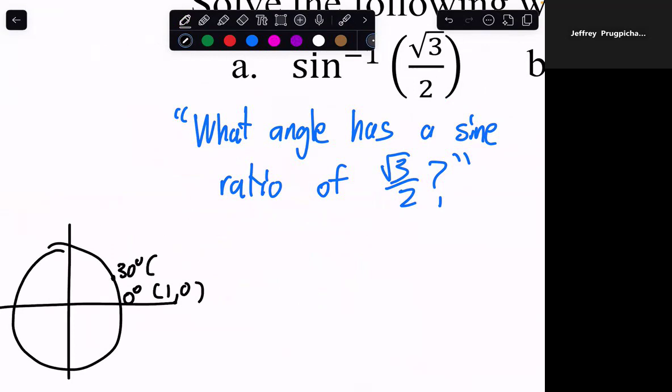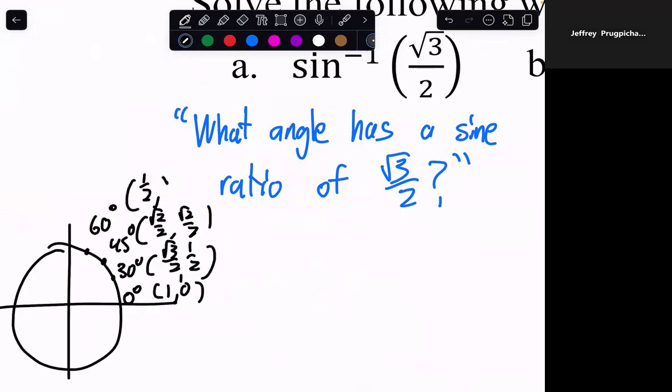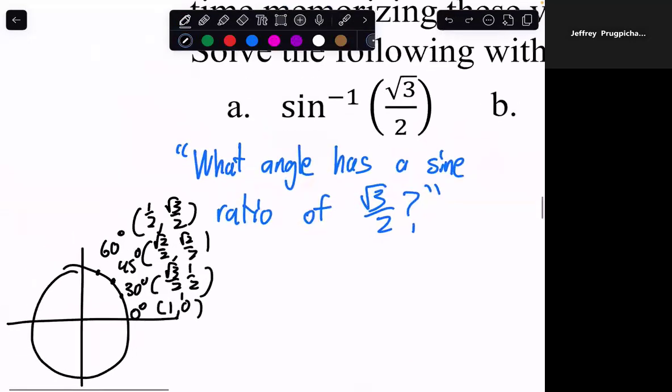Next up, 30 degrees, it's radical 3/2 comma 1/2, but sine is the y value, so it's not 30 degrees. 45 degrees, radical 2/2, radical 2/2, it's not that. 60 degrees would be 1/2 comma radical 3/2, and that is the correct y value. So a 60-degree angle has a sine ratio of radical 3/2. Therefore, inverse sine of radical 3/2 is 60 degrees.